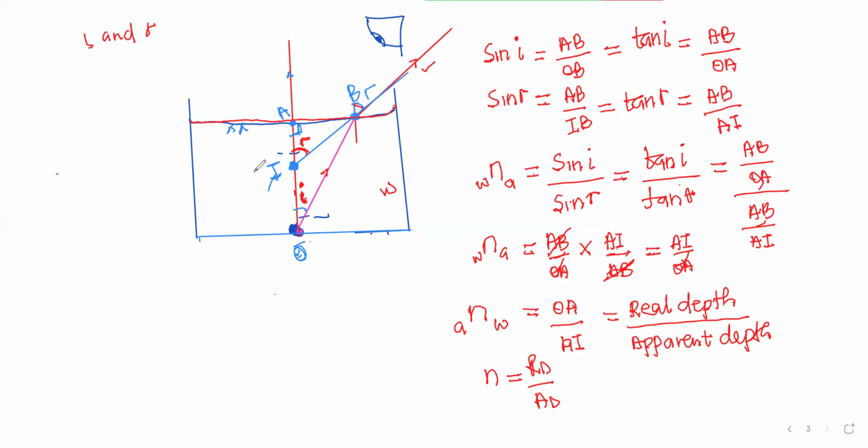So this remains the apparent depth. This is where the spot will be. And then this would also remain the real depth. How has the object's position been displaced? We got the displacement D, vertical displacement, to be equal to real depth minus the apparent depth.